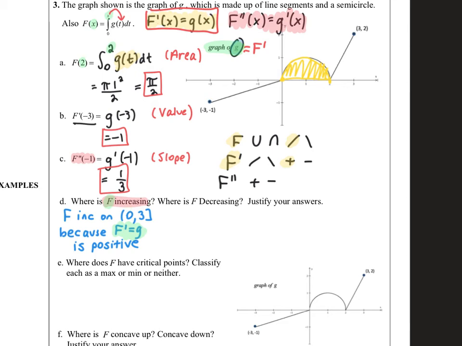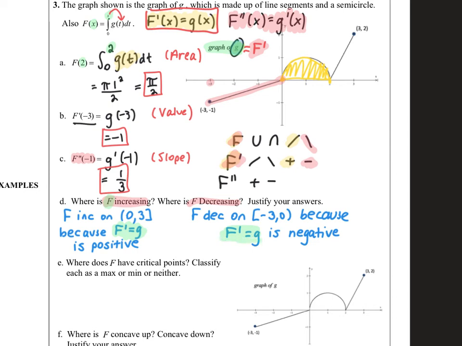If I want to know where f is decreasing, well, I know that f decreases where my f prime is negative, and my f prime graph, which is what I'm looking at here, is negative on that red interval from -3 to 0 because my f prime is below the x-axis. This is exactly what we had done before. The only new part is making that connection between f prime and g.